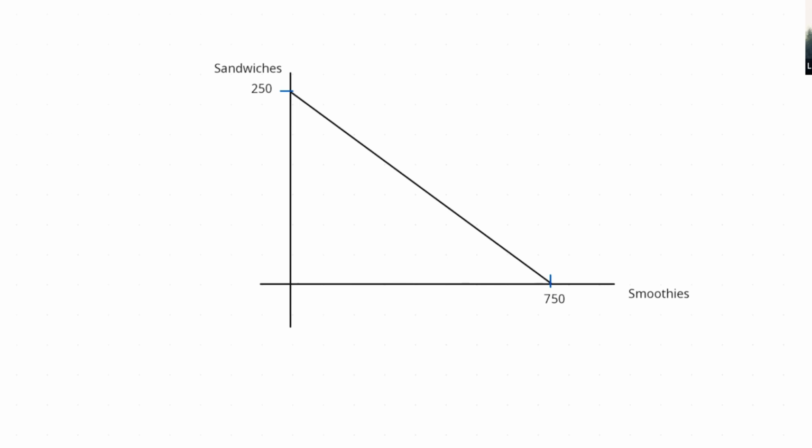So since we only have the intercepts and we have a linear production possibilities frontier, we know that the slope is constant. So we don't have to worry so much about calculus or anything like that. We can just take the slope of this. If we want to find the opportunity cost of making one more smoothie, let's start from this intercept and end up at this intercept.